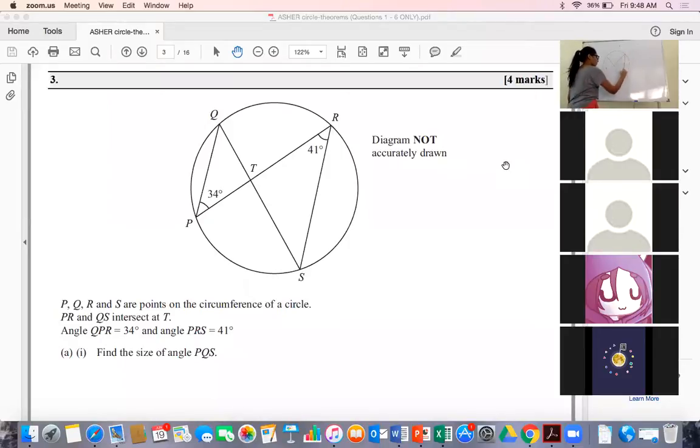So for exam, please don't give us this kind of questions. In the exam, the circle theorem questions are quite straightforward now. Because we only have a limited time to tell you, right? Make sure you know the rules. Even the MCQ one is quite straightforward.